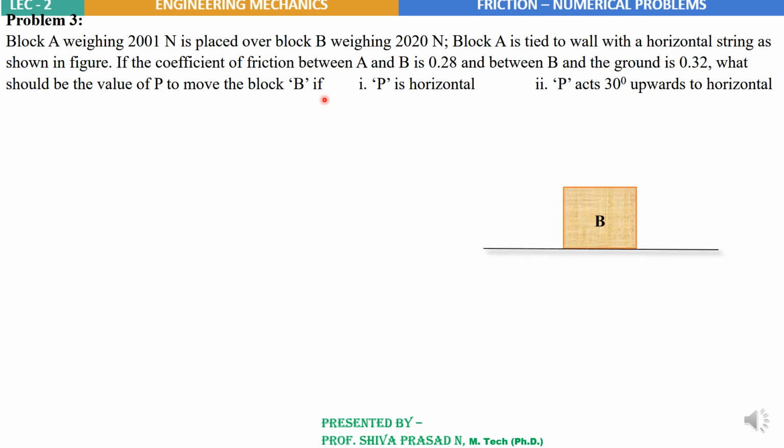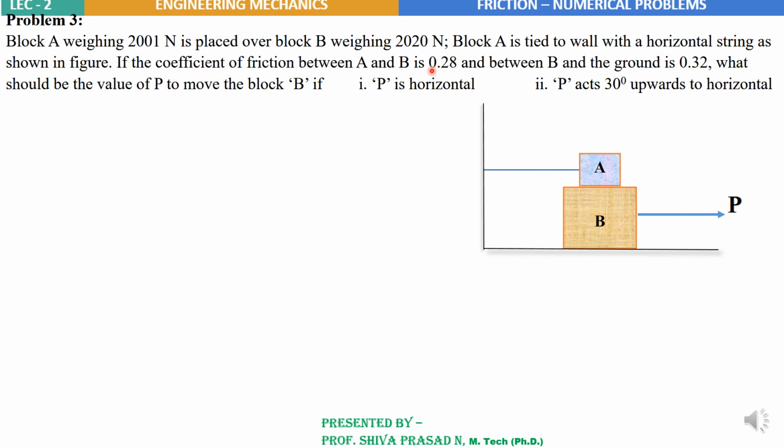There is a block B placed over the horizontal surface, and another block A is placed on this block B. So weight of A is 2001 Newton, weight of block B is 2020 Newton. Block A is tied to the wall with the help of a horizontal string.